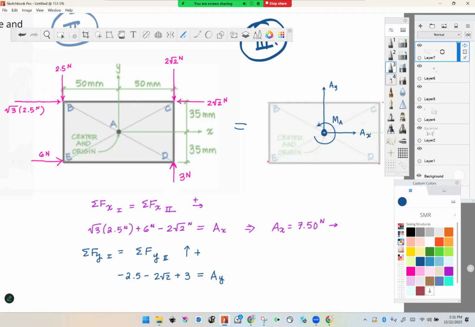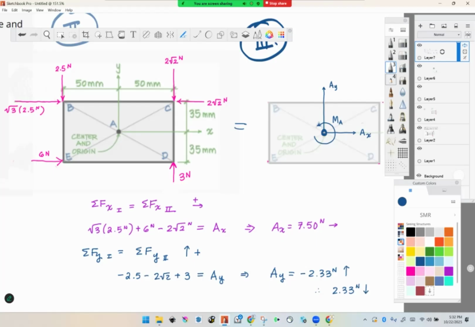Okay. So once I punch that into my calculator, I will get A sub y equals negative 2.33 newtons. And all that means is that I assumed that this is up. So the final answer, 2.33 newtons down. Okay.